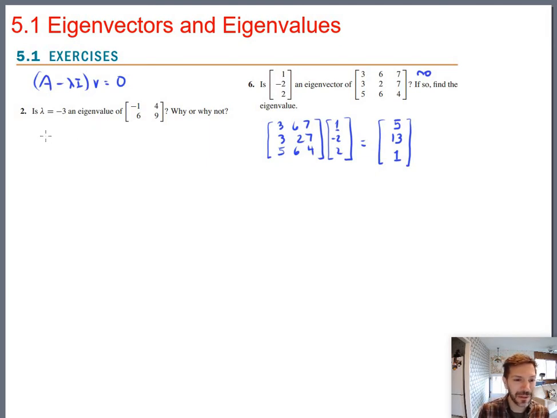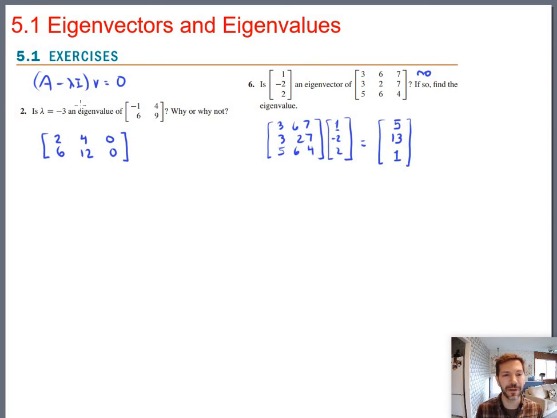So let's do 1 minus negative 3, so 1 plus 3 is 4, then 2, negative 1 plus 3 is 2, 4, 0, 6, and then 9 minus negative 3 would be 12, 0.